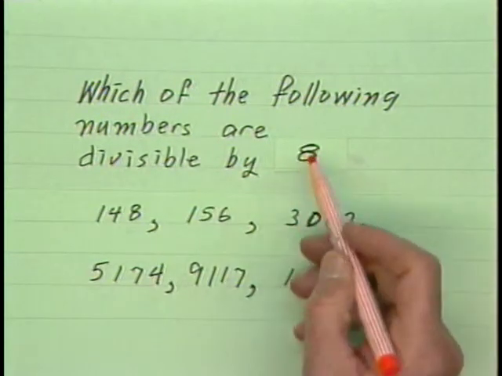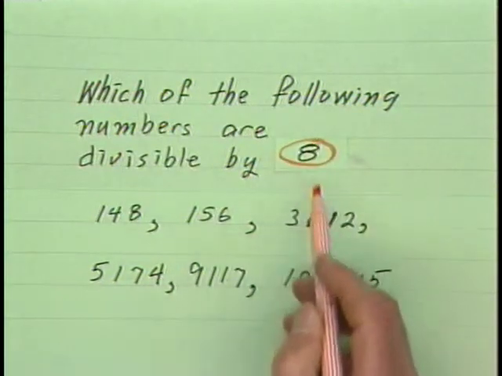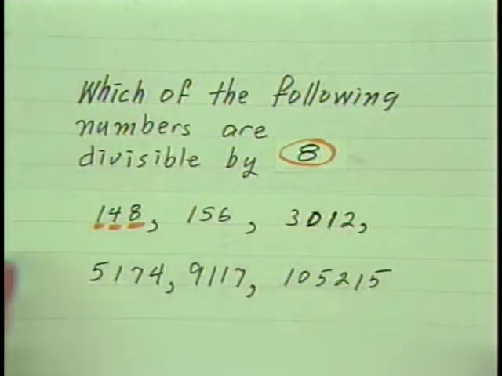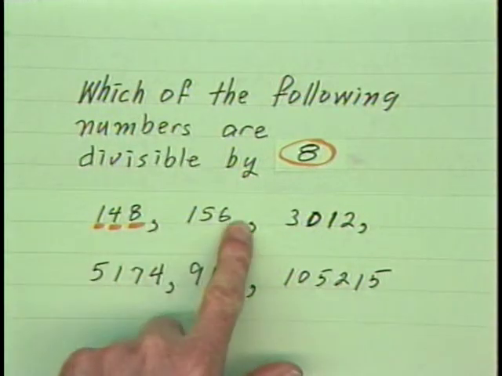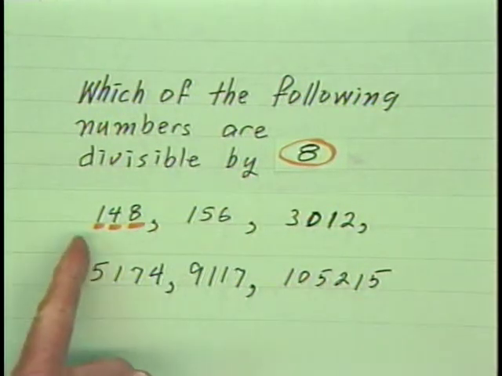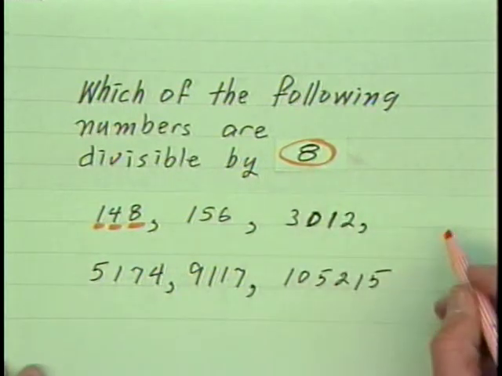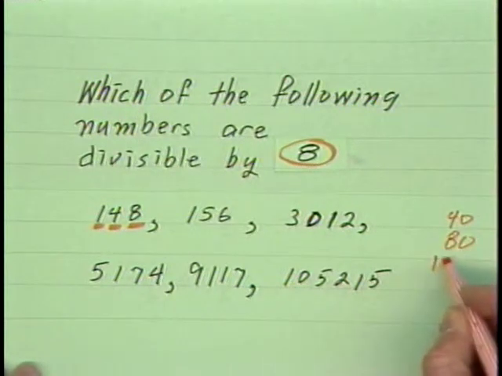How about by 8? Our test for that was to test the end 3 digits, which in this case is the entire thing, and ask, is that divisible by 8? If it's messy, then take a multiple of 8. Maybe 40, maybe 80, maybe 120.